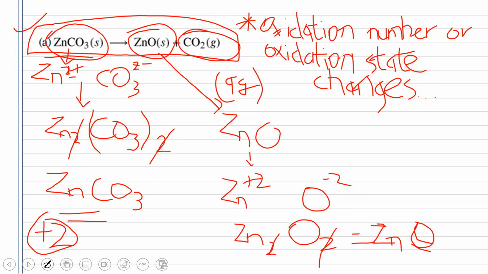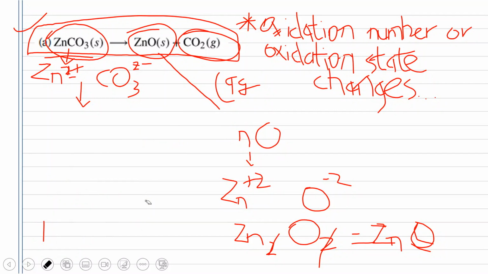If you're still not convinced, let's look at carbon. Let's see if we can find the oxidation number for carbon in this reaction. We're trying to find if anybody changed the oxidation number. Remember, we said that in a redox reaction, the oxidation number is going to change.